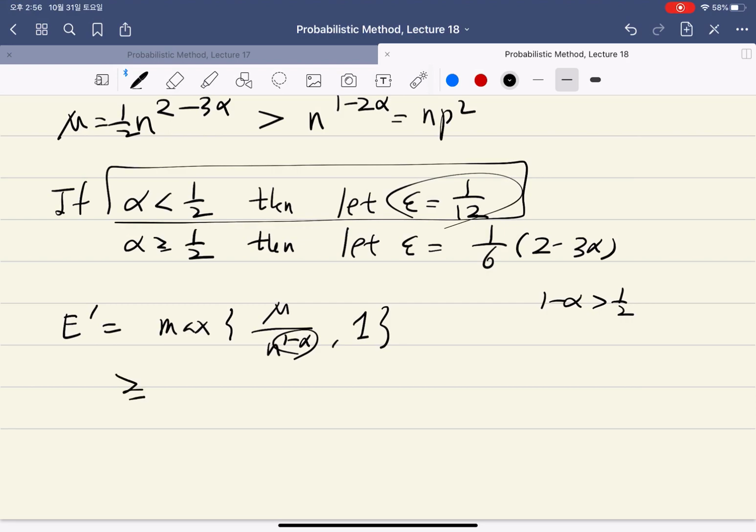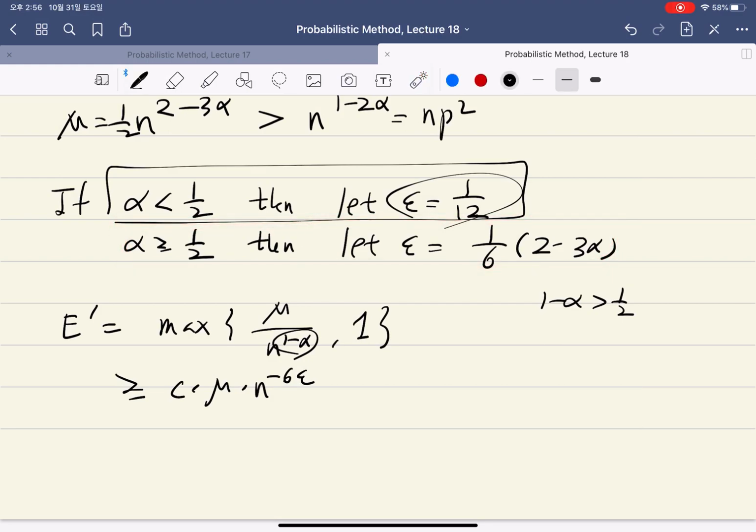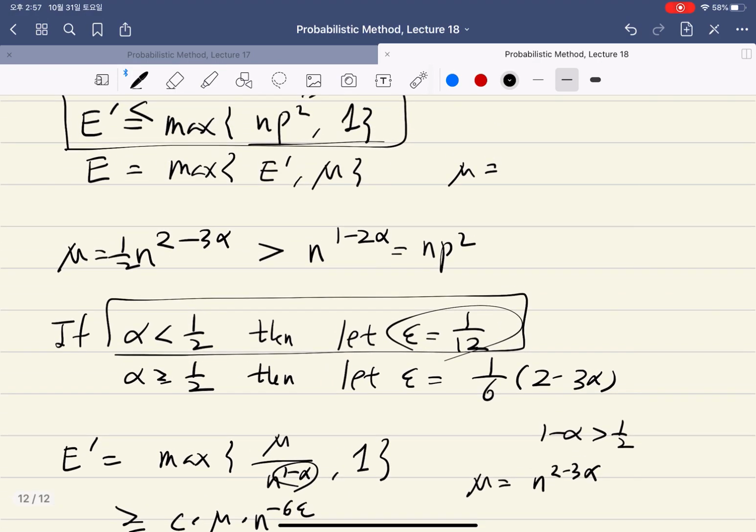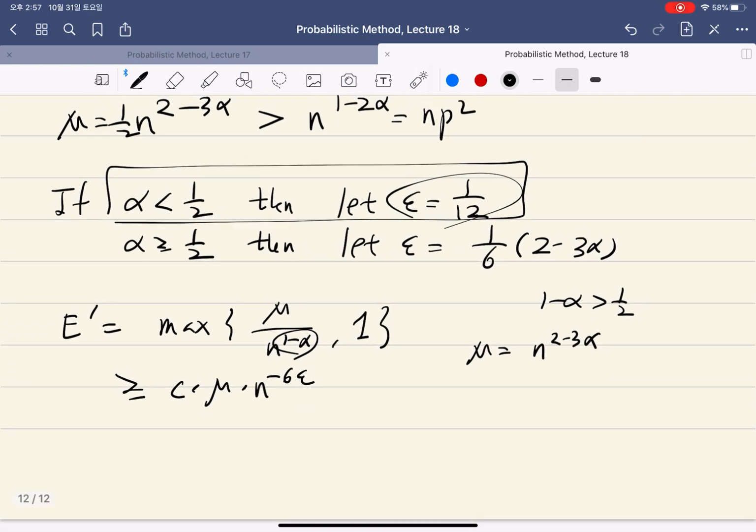So in that case, we know that this is some constant times mu times n to the minus 6 epsilon. It's bigger than that. And what's in this case? Alpha is bigger than half. Then mu is roughly n to the 2 minus 3 alpha. And here what we have is 1 minus 2 alpha, so this is n to the 1 minus 2 alpha.